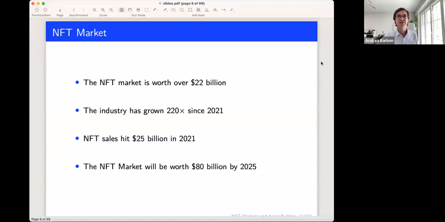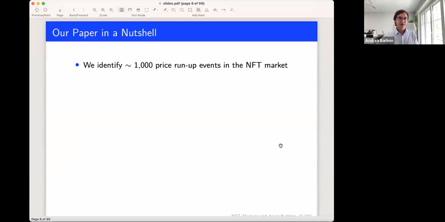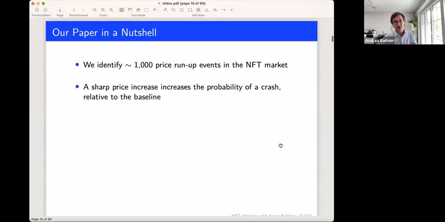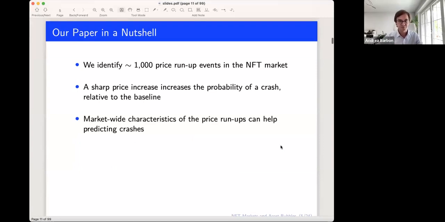In the interest of time, I will move back to my slides to continue the presentation, because that was meant just to be a short introduction on NFT markets. Now I would like to talk about my research on NFT bubbles. In a nutshell, in this research paper, we identify 1,000 so-called price run-up events in the NFT market. By that, I mean an event where the price of a collection rises sharply over a short period of time.